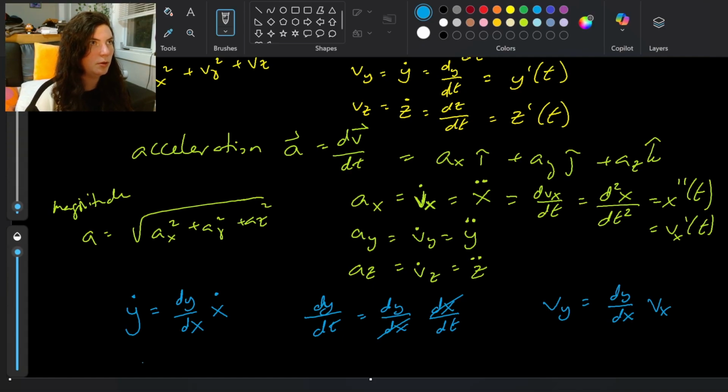One more form I want to post of this is that y with 2 dots, our double prime of y, is d squared y dx squared, so that's the second derivative of the y function in terms of x, times x dot squared, plus dy dx times x double dot, so 2 dots on that x.